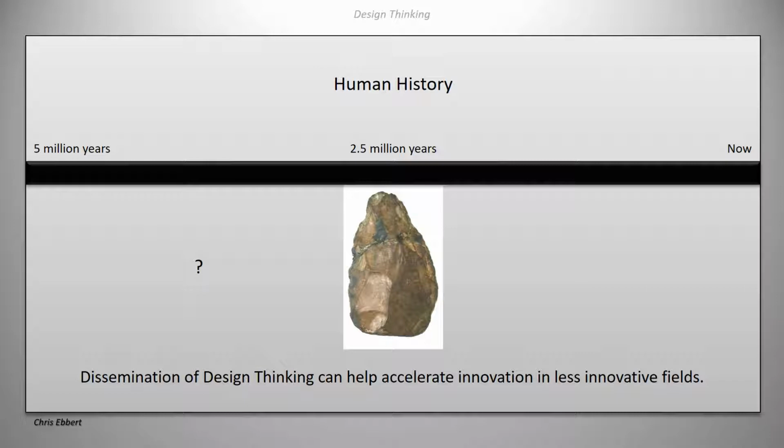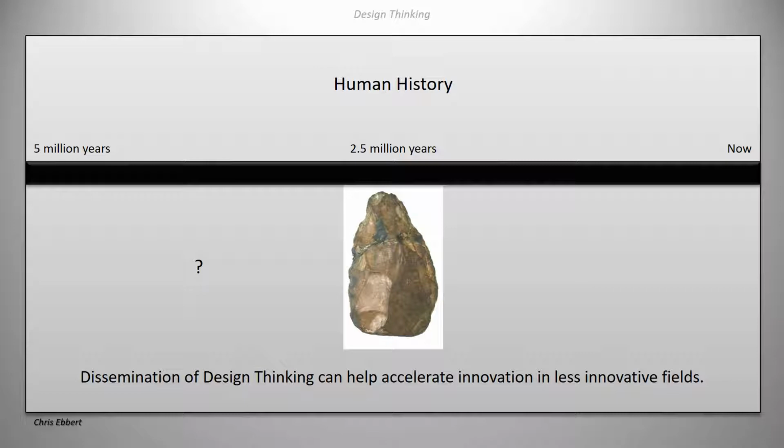We're basically saying we know humans or beings similar to humans have been around for about 5 million years. And the first of these tools popped up about 2.5 million years ago. What if people had been more capable of design thinking 5 million years ago? Where would we be now? Would we be 2.5 million further ahead than we are as a civilization?